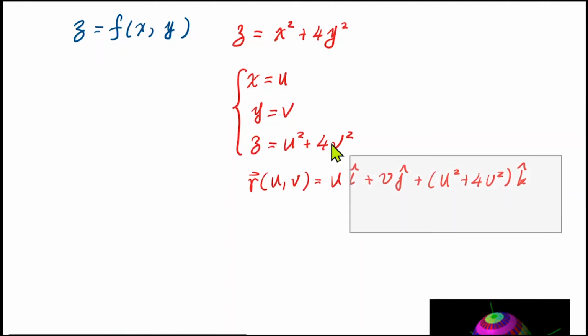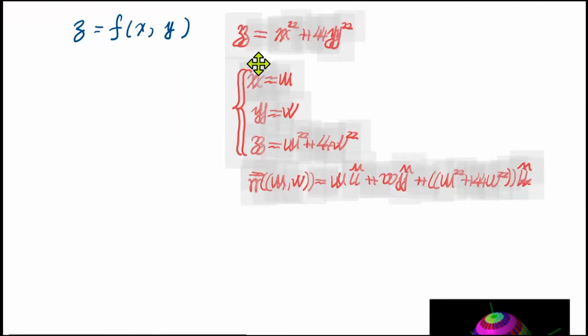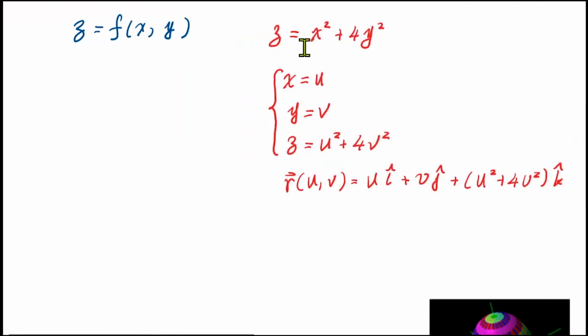Okay, so let's summarize this, well, generalize this for any quadratic surface, any function Z of two variables. We can do the same thing, because this skill is critical later when we have to find the surface integral and you need this two variable vector function. So we can write this as X is U, Y is V, and our Z is still a function of X and Y, but now it's U and V. So we just make that switch.